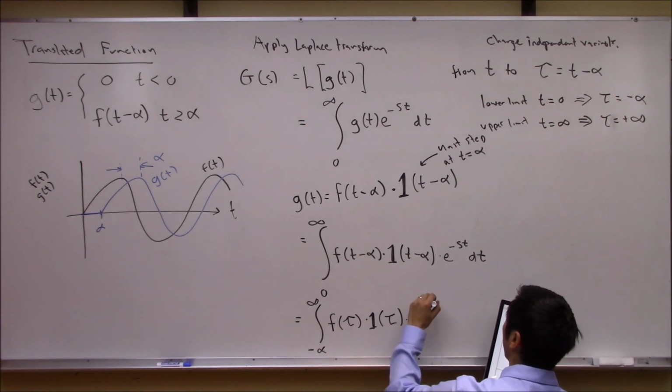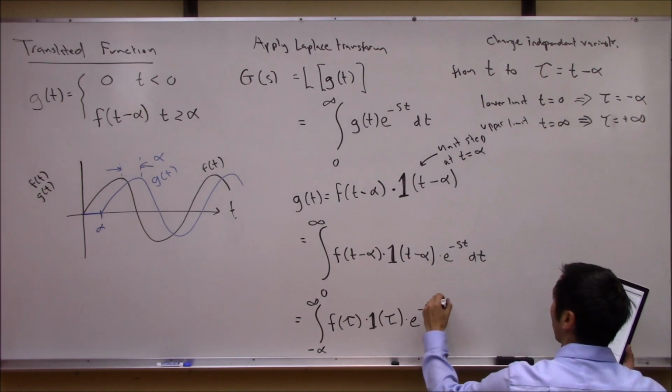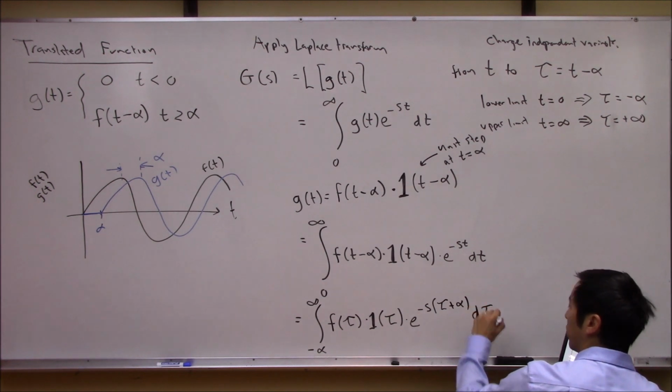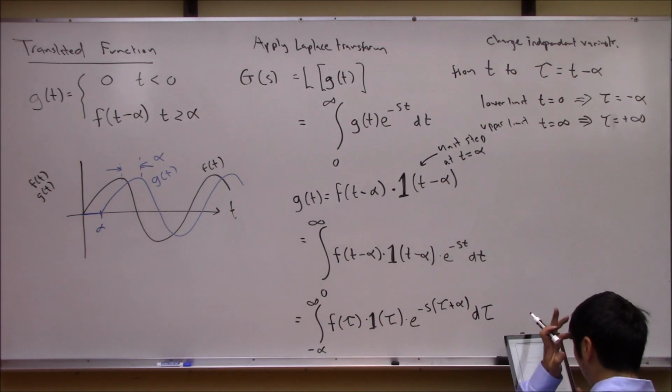Now I have to switch in t. t is actually tau plus alpha, so this is tau plus alpha, d tau. All I've done here is change the independent variable and therefore the limits of integration.